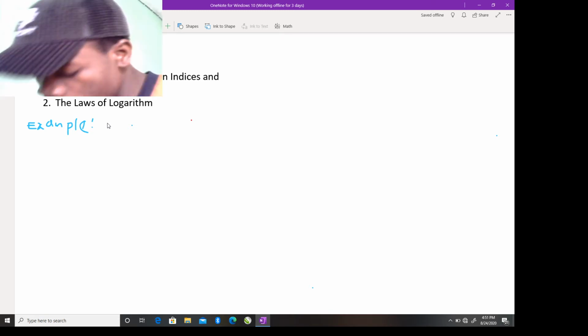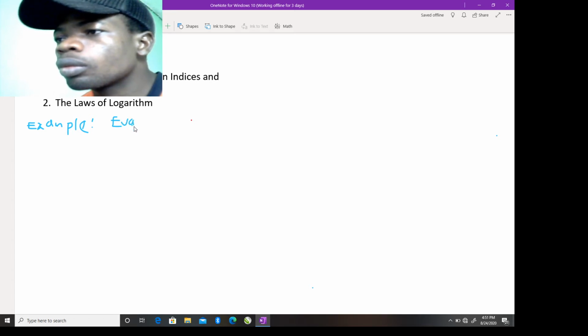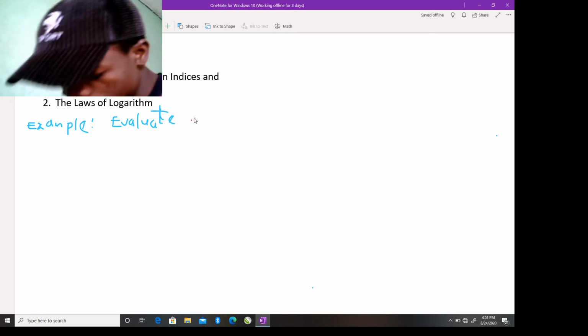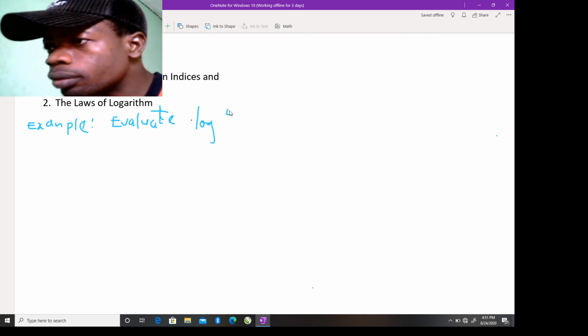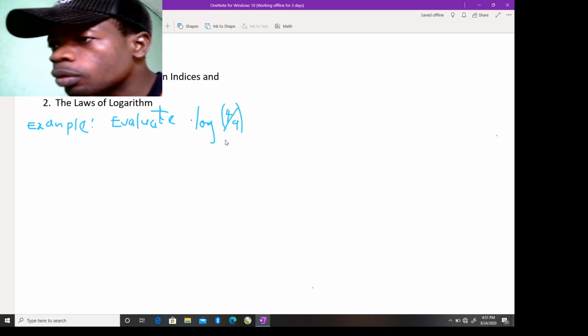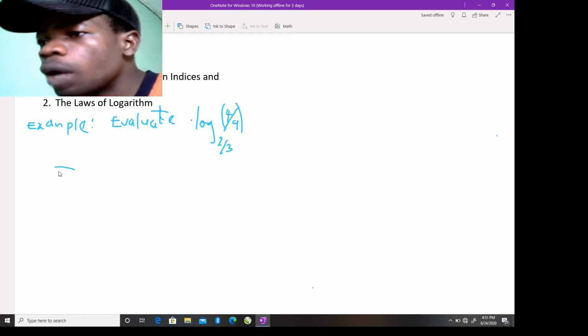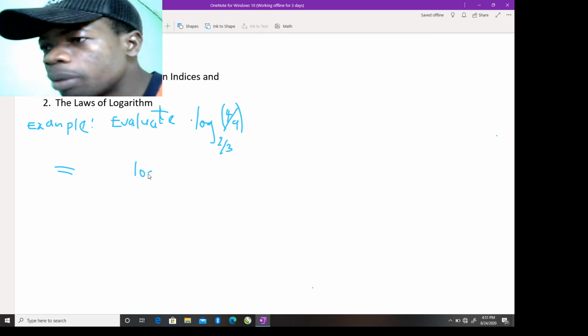Example, evaluate log 4 divided by 9, with base 2/3. What do you have? I can see the base in my log already.